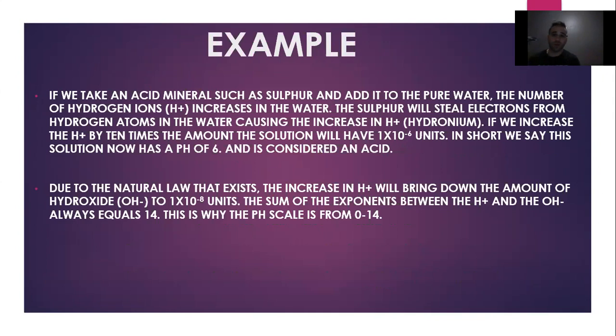So we end up with a pH of 6. Because it's a pH of 6, there's 1 times 10 to the negative 6 hydrogen protons, hydroniums. Therefore, there must be, by natural law, 1 times 10 to the negative 8 hydroxide. Now you have to remember these exponents are negative, so if the negative number gets greater, it means there's less of them. So we're getting farther from 0.